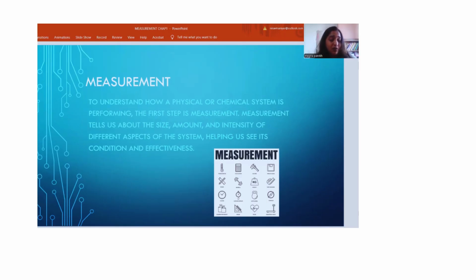Suppose we want to continuously monitor a patient in a hospital. So we need measurement of blood pressure through a BP machine.